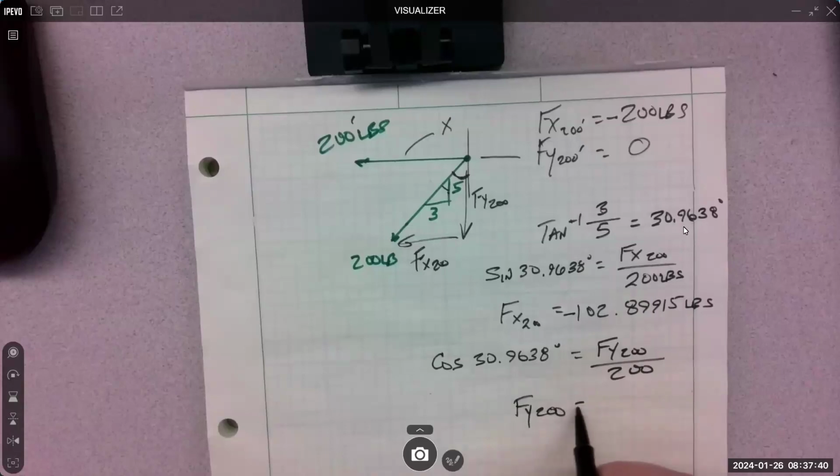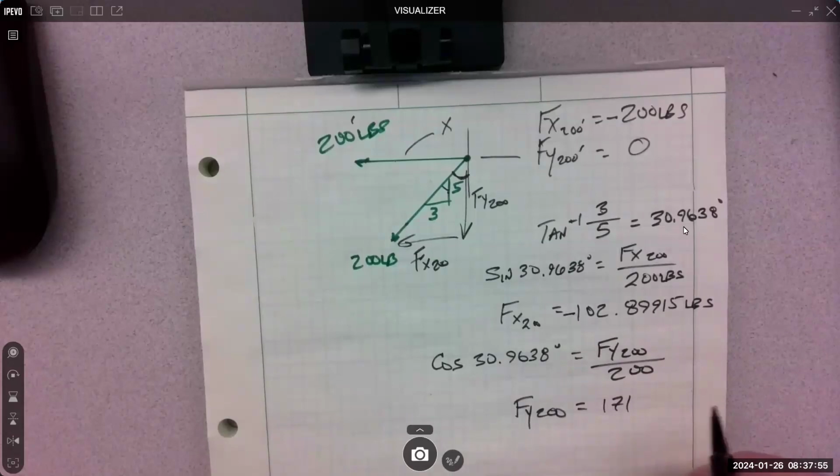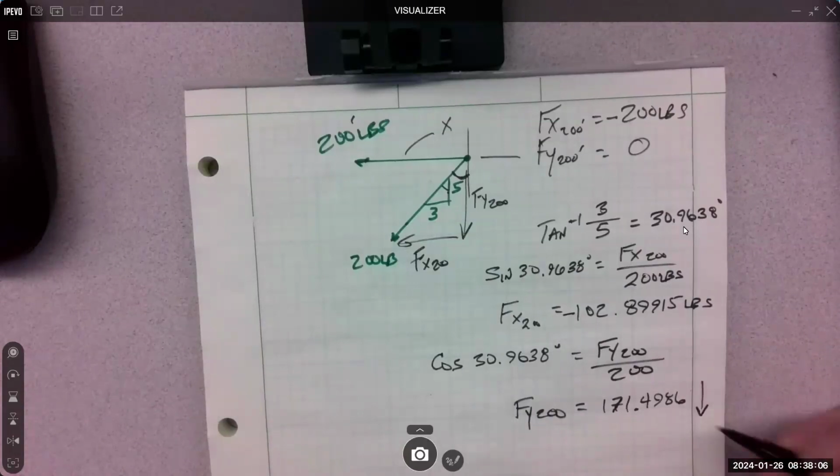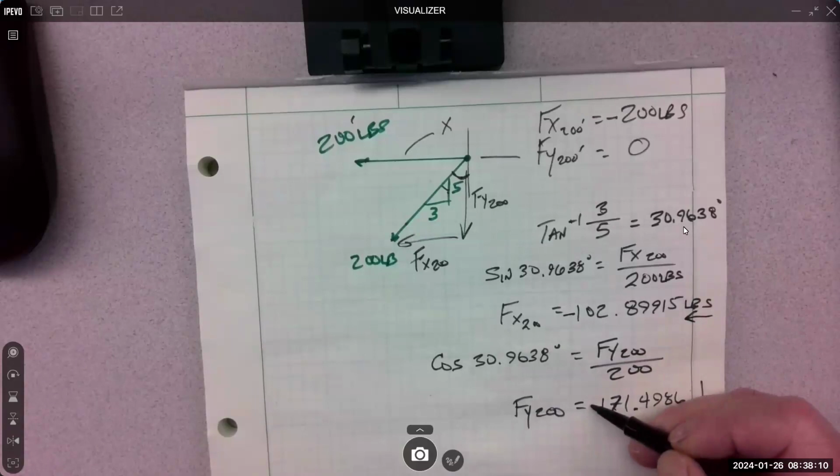Fy equals 171.496, down, right? This one was to the left, so this is negative.